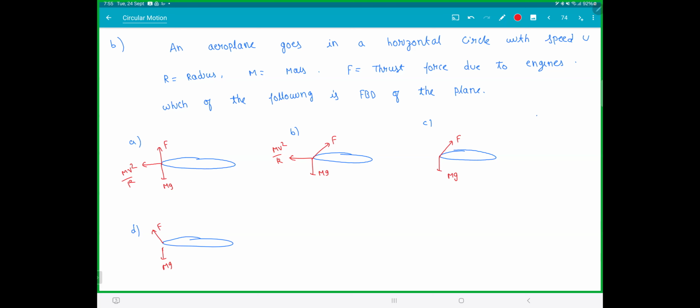Like this, they'll give 4 options. Out of these 4, which is the free body diagram of the aeroplane? That aeroplane is going on the blue circle. What do you guys think?